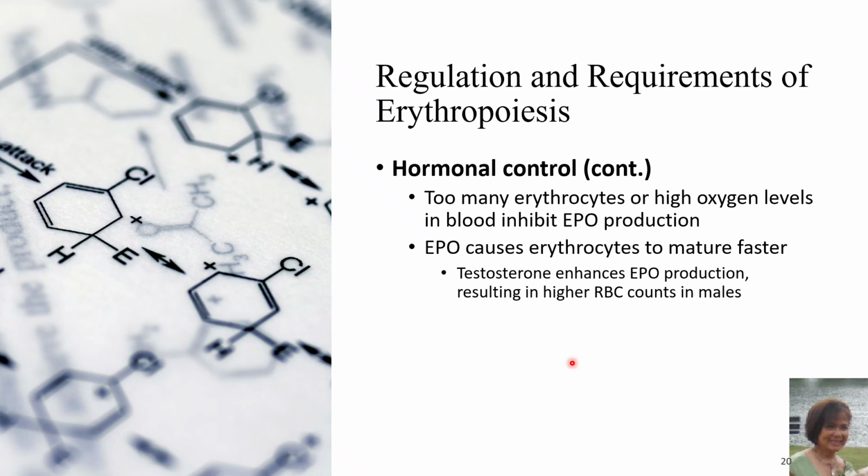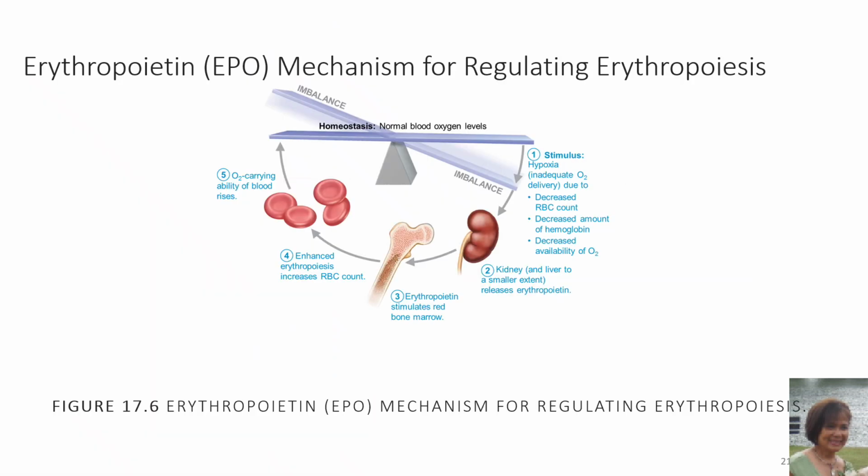Now, too many erythrocytes or very high oxygen level would inhibit EPO production, as a feedback loop. If you have too much red blood cell, there's going to be a feedback loop to reduce EPO, so your red blood cell production is also going to slow down.